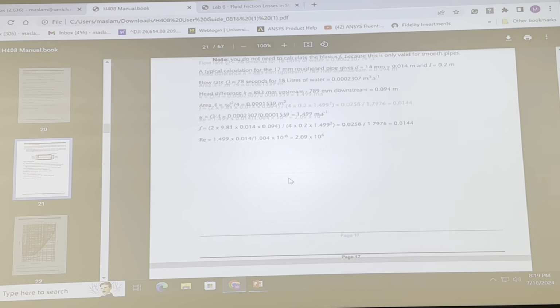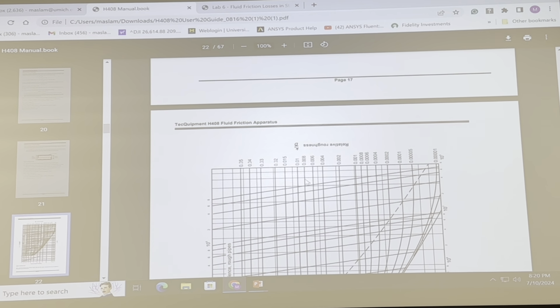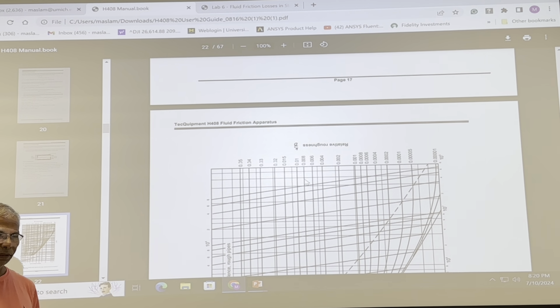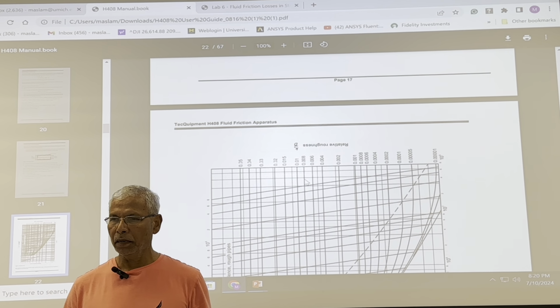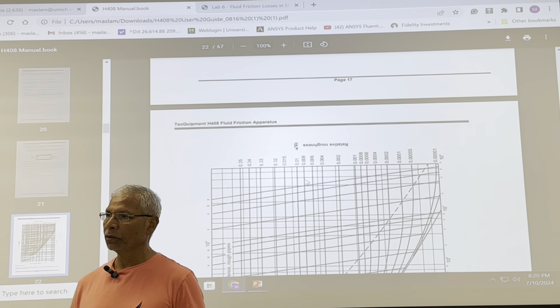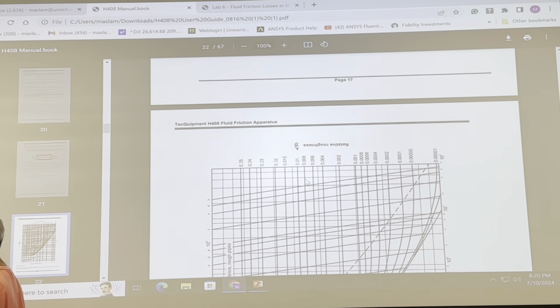I think we talked about the Moody's chart, and I'm going to give a special link that you follow through, so you know how to use the Moody's chart. So we literally covered how to do the experiment, the procedure, and how to collect the data for smooth pipes and rough pipes.